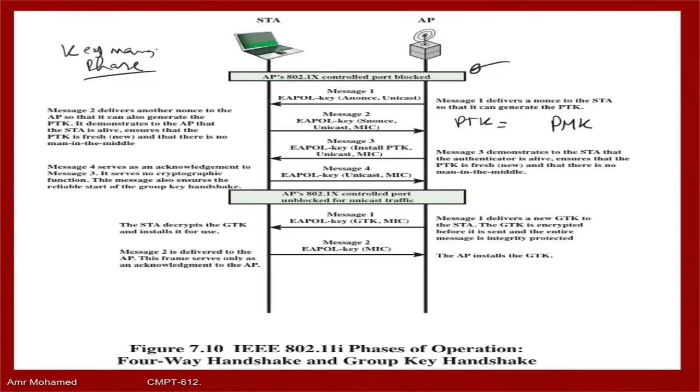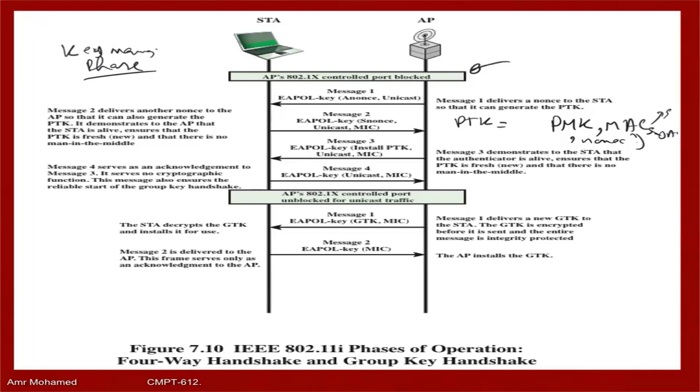Usually we use two things. We use the MAC of the station and the MAC of the access point, and what we call nonce. Nonces are similar to initial vectors, like some arbitrary randomized sequence that also strengthens the key generation process, okay?